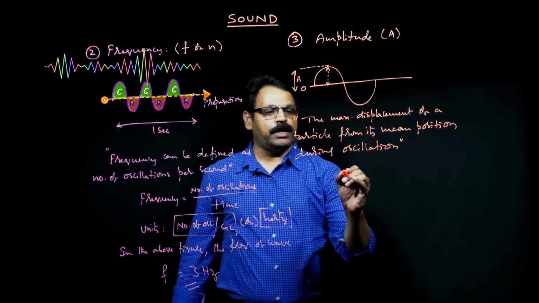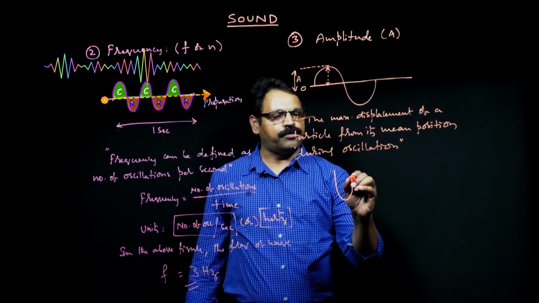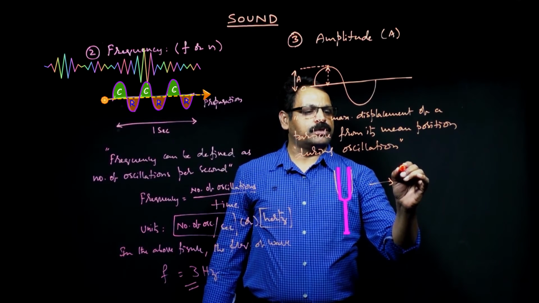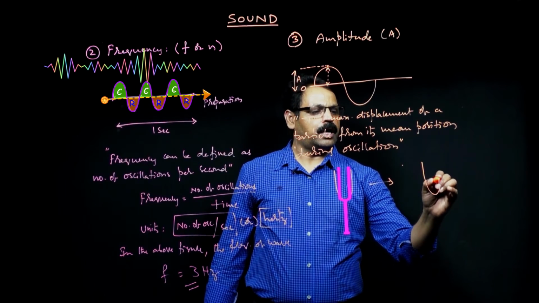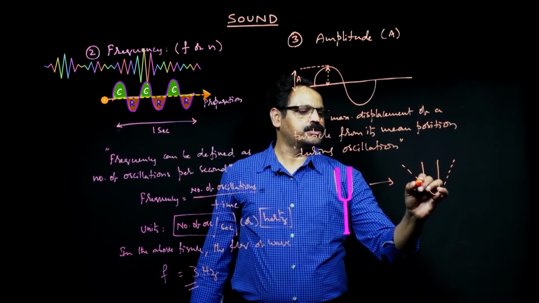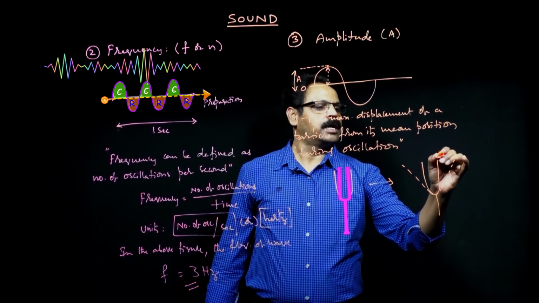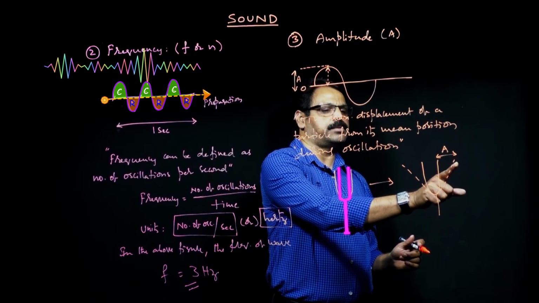Consider the same case in terms of a tuning fork. When it is vibrating, the tuning fork remains here and the prongs go to this extent, and from here to here it is called amplitude. This is the mean position, and it is going maximum this side.